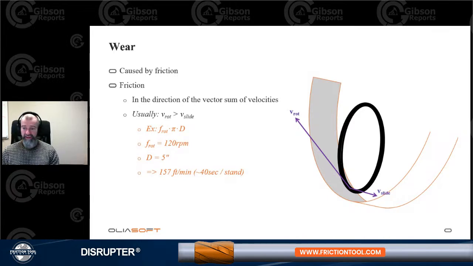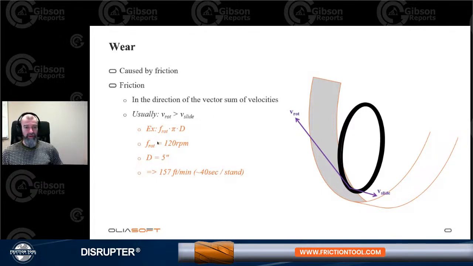So obviously, we are sliding down into the well, but we of course have the choice to rotate, and if we do choose to rotate during an operation, we know that these two velocity vectors are perpendicular to each other, right? If you take a standard rotation frequency, which would be 120 RPM, what would that compare to sliding wise?